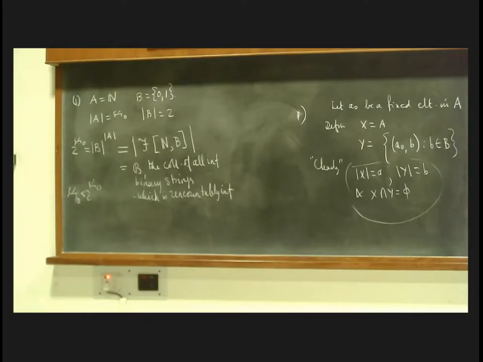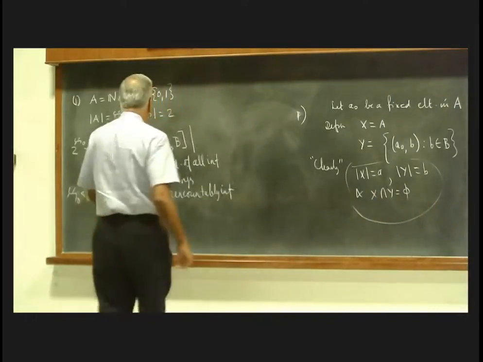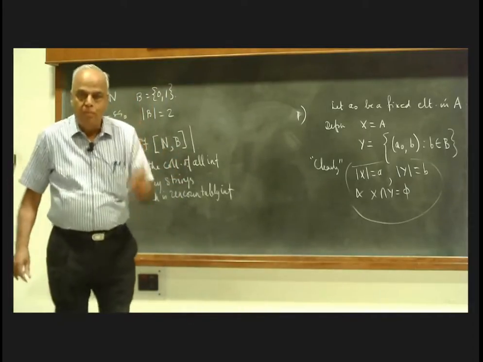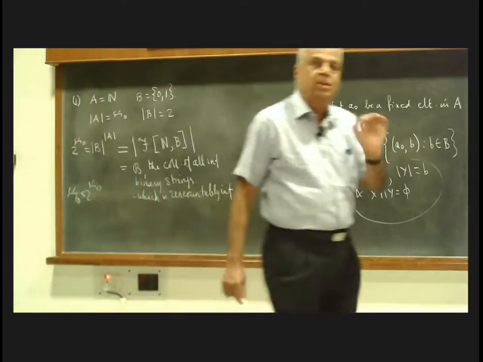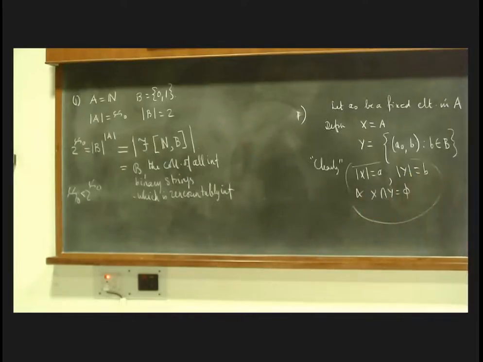It's from N to B: F1, F2, F3, F4, F5, F6, etc. Everything is an infinite string. It is not binary strings of finite length. Every element here is a function from N to B. Each one of them is either a 0 or a 1. So when you write the full function, you will get an infinite string of zeros and ones.